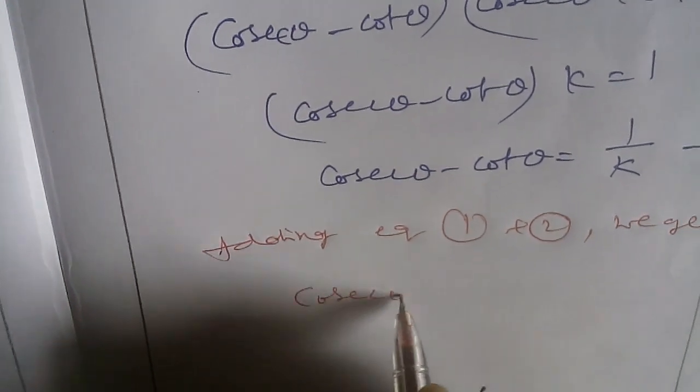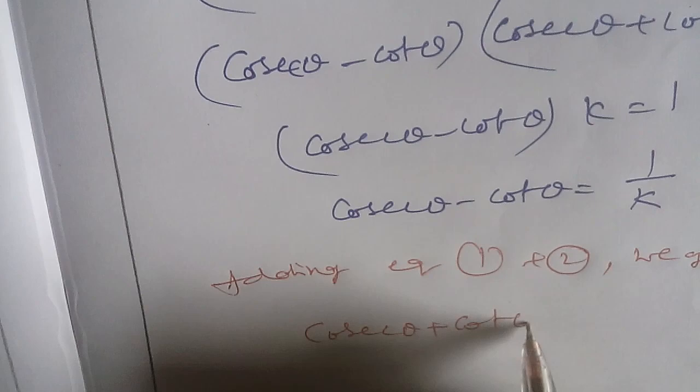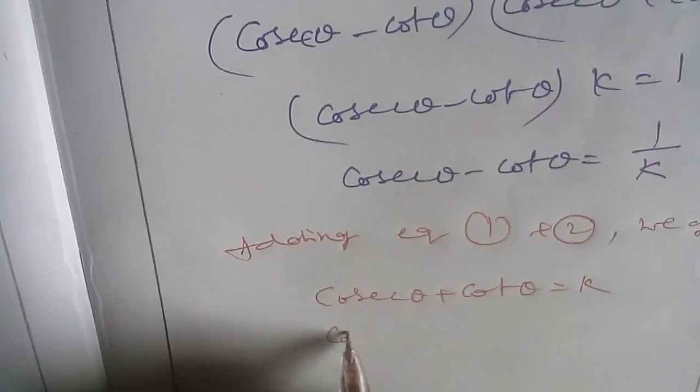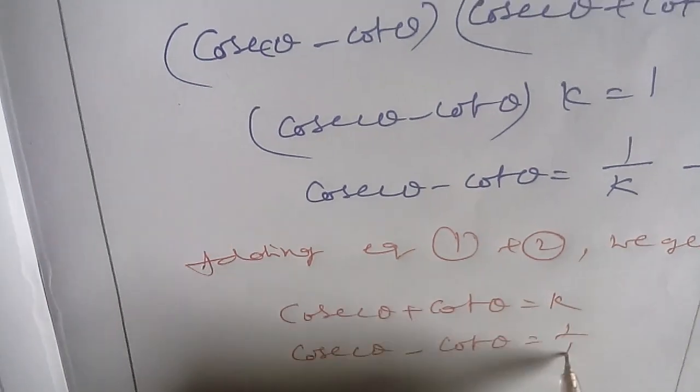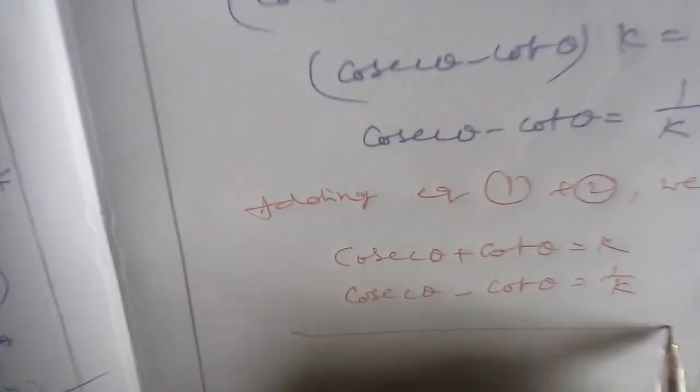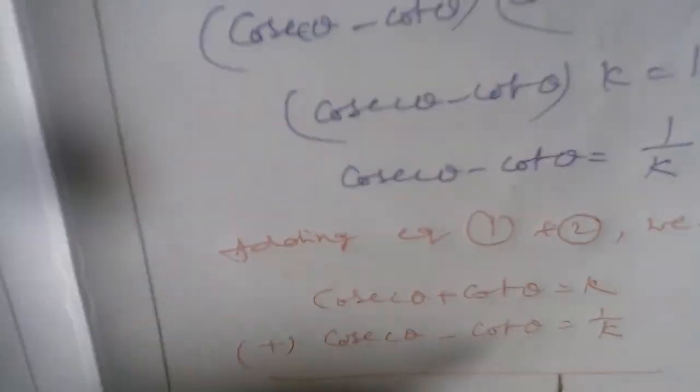Cosec theta plus cot theta is equal to k, cosec theta minus cot theta is equal to 1 by k. So when we are adding, no need to change the symbols.